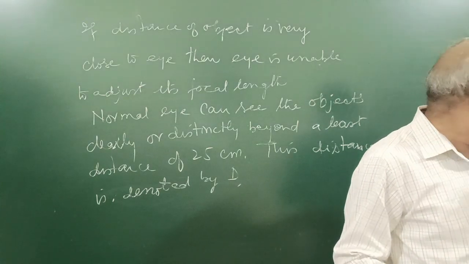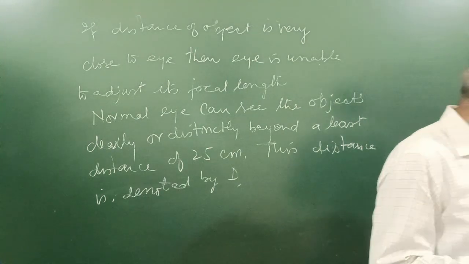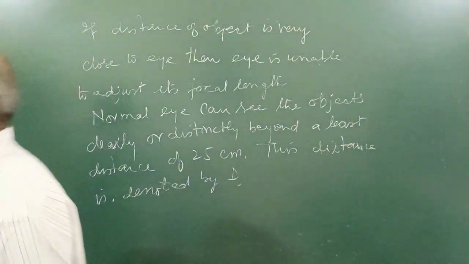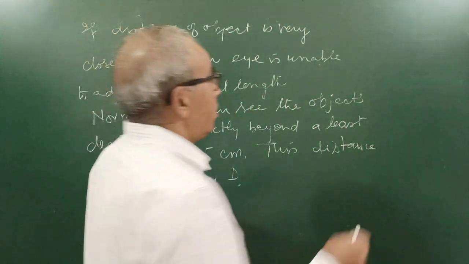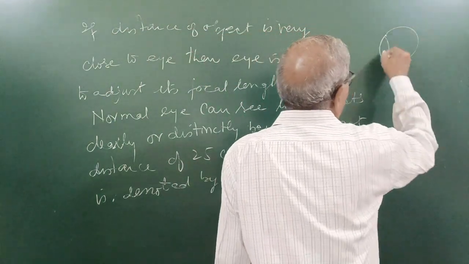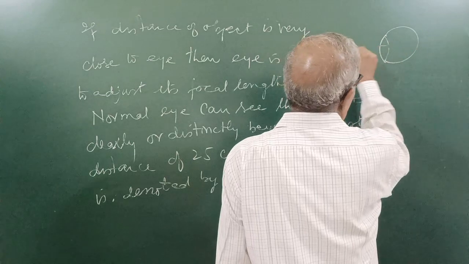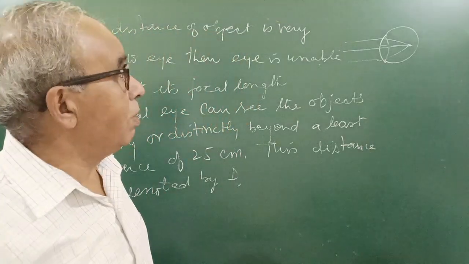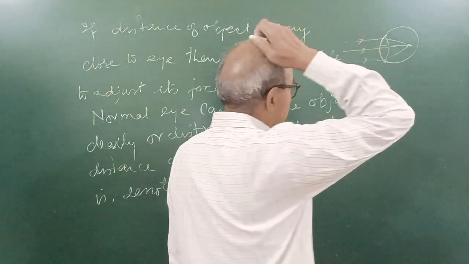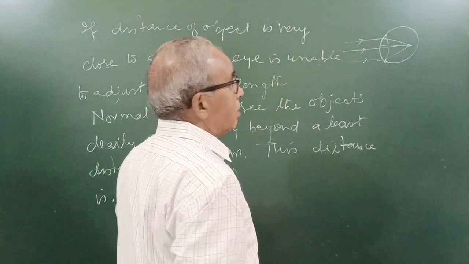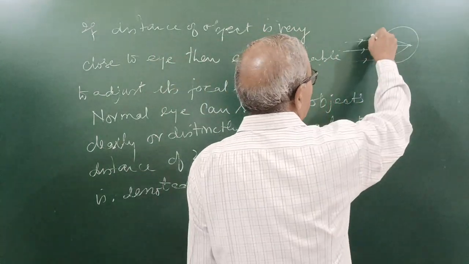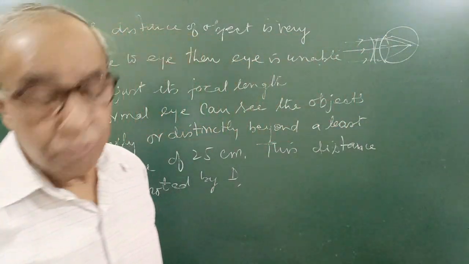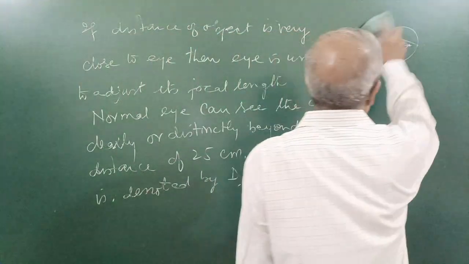In childhood, actually, due to a defect, the image of a distant object is formed before the retina. This is happening with children, and to form the image, we have to use a concave lens so that the rays can converge at the retina. Short-sightedness is the defect of distant vision.